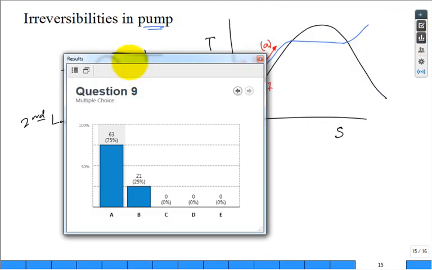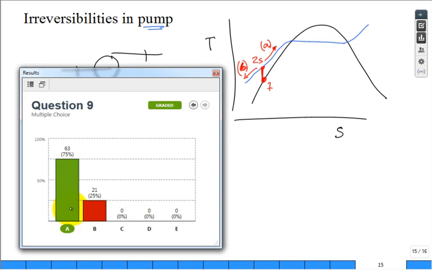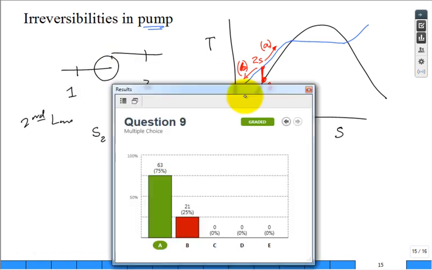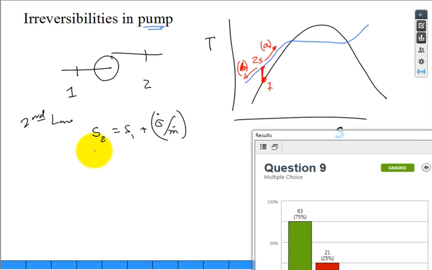Well, if you look at this equation, there's no way the outgoing entropy can be less than the incoming entropy. Basically, this is just a production, so it's adding. What's our standard assumption about the heat transfer between the pump and the surroundings? Zero. It's adiabatic. That's right.